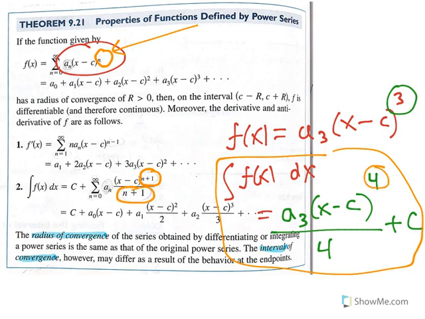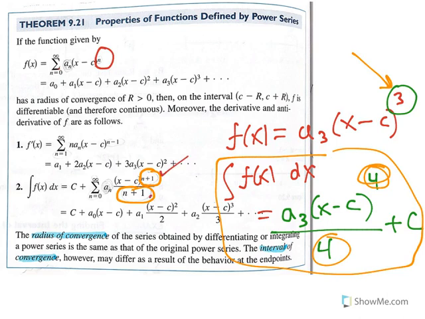Just like I did here with my example, I added 1 to the exponent of 3, got 4, and divided by my new exponent. So in general, we're adding 1 to the exponent of n to get n plus 1 and dividing by the new exponent of n plus 1. So that's the general description.